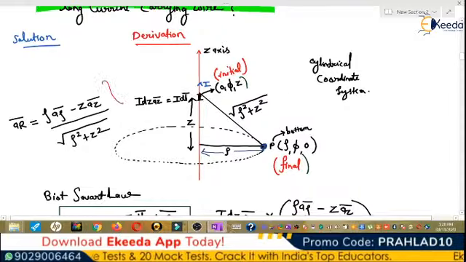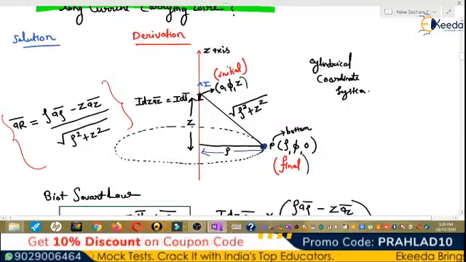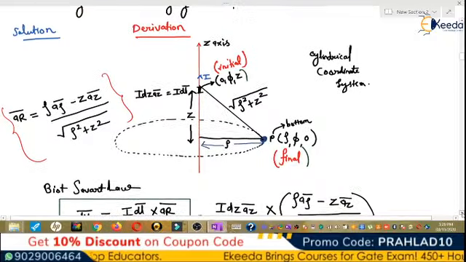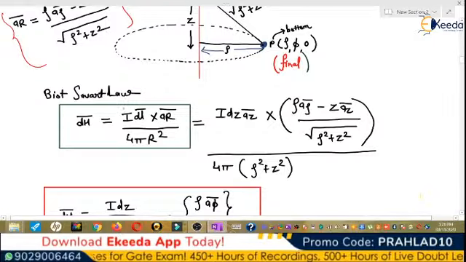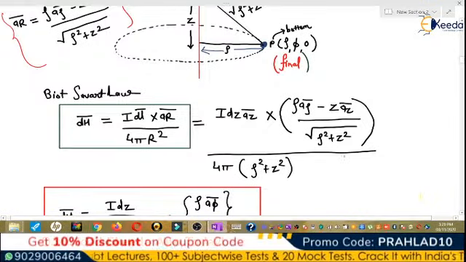So aR vector is (rho a_rho minus z az) by square root of rho square plus z square. According to the Biot-Savart law, dH vector is I dl vector cross aR vector by 4 pi r square. So I dl vector is I dz az vector cross aR vector, which is (rho a_rho minus z az) by square root of rho square plus z square, divided by 4 pi (rho square plus z square).